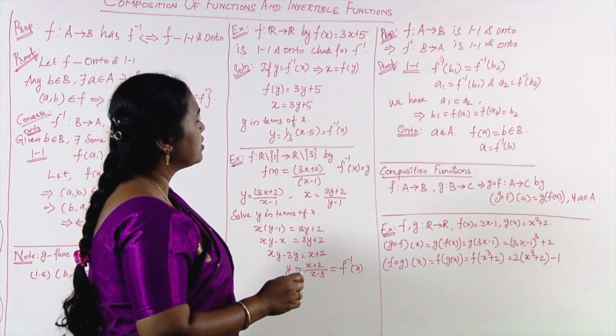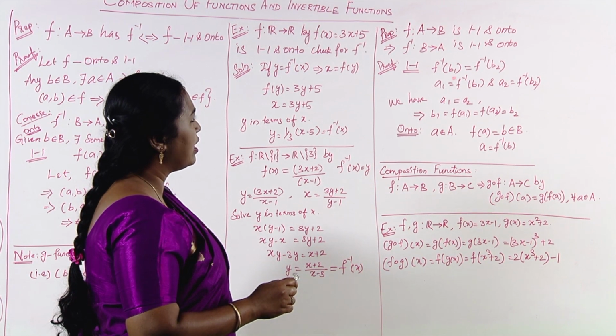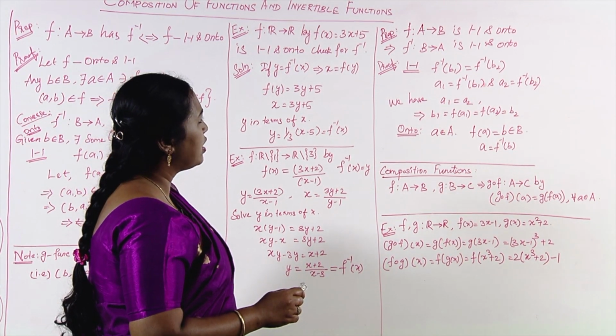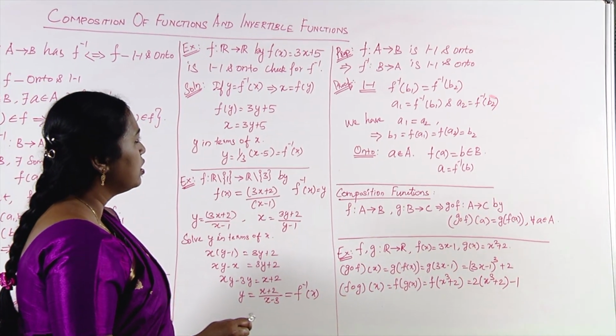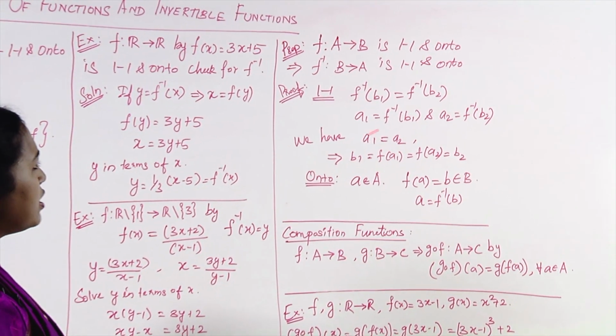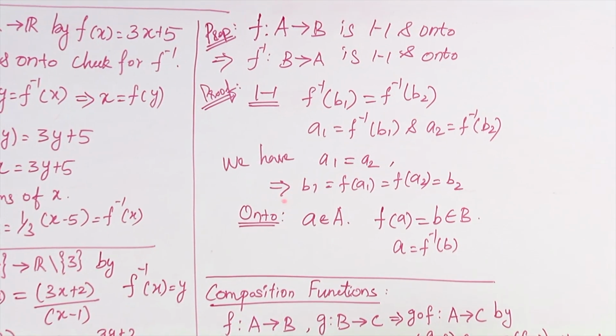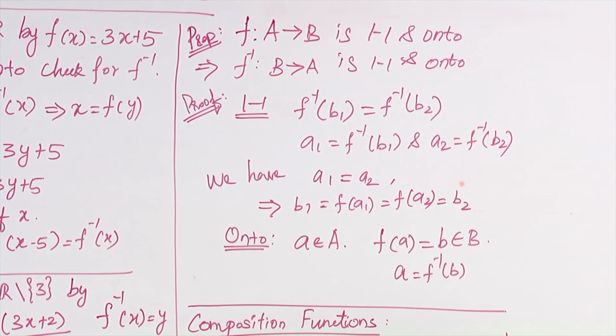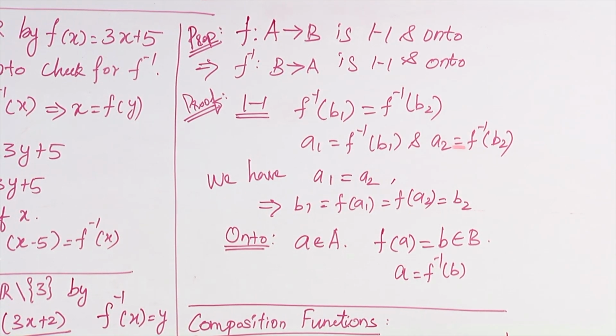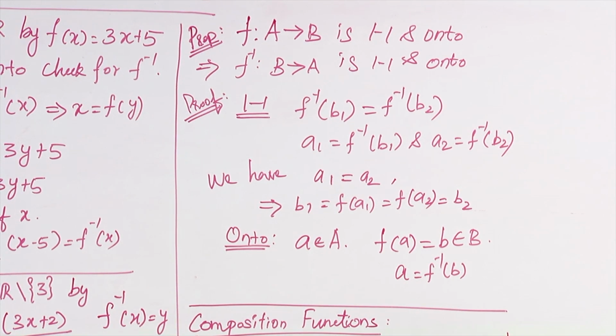So, naturally f inverse of b1 would yield a term inside a, so that is a1. a1 is equal to f inverse of b1 and a2 is equal to f inverse of b2. So, suppose a1 is equal to a2, it means that b1 is equal to f of a1 and f of a2 is equal to b2. So, thereby proving my condition that f inverse of b1 equal to f inverse of b2 means that b1 is equal to b2. Okay.